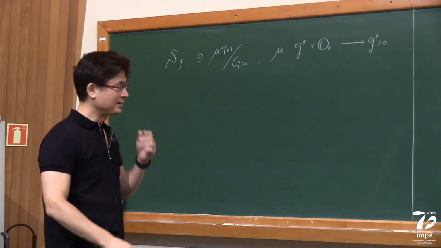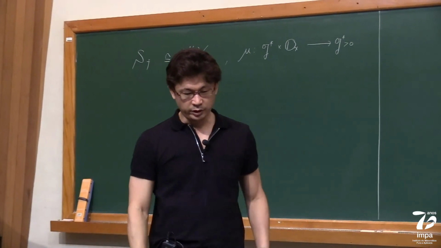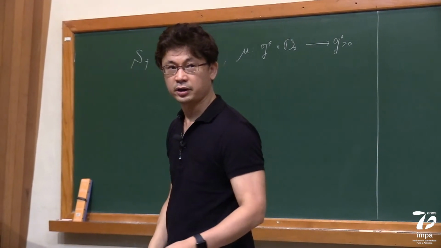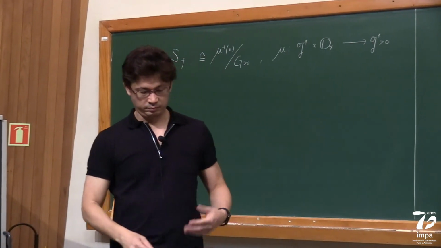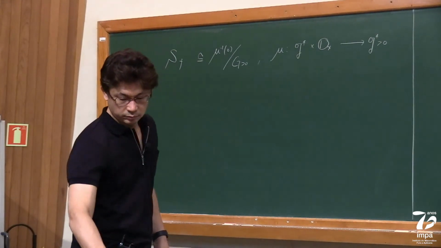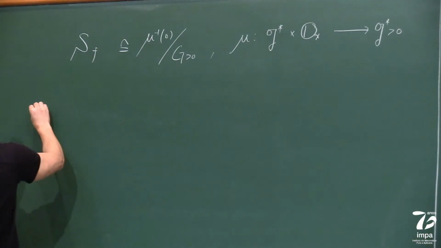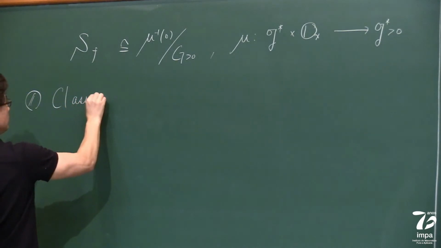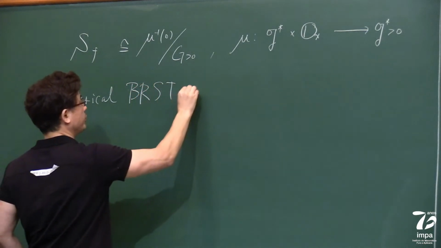It's okay. So, I want to describe this Hamiltonian reduction more algebraically in order to upgrade the definition to the vertex algebra setting. So I first explain classical BRST reduction.